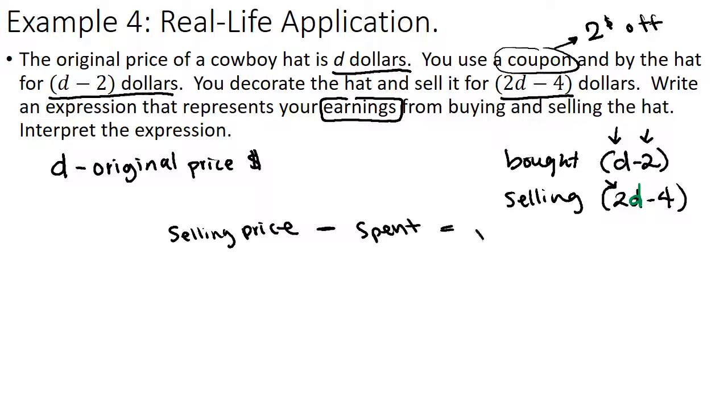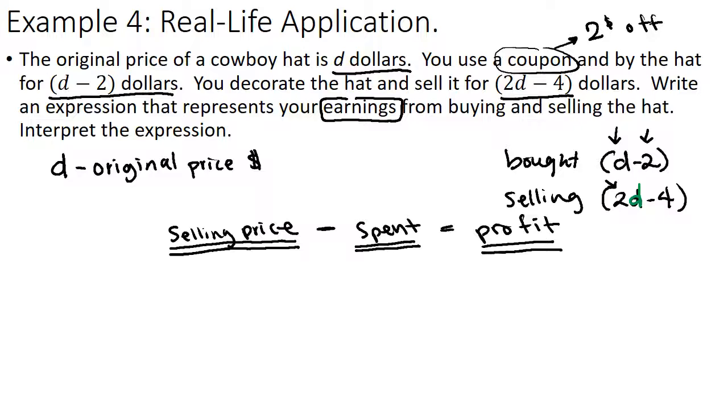Okay, and that's going to be equal to our profit. So how much money we walk away with, our profit, is going to be equal to the amount that we sold it for minus how much we bought it for, how much we spent making it. Okay? So how much we were able to sell it for minus how much we spent on it is going to give us how much money we're able to walk away with.